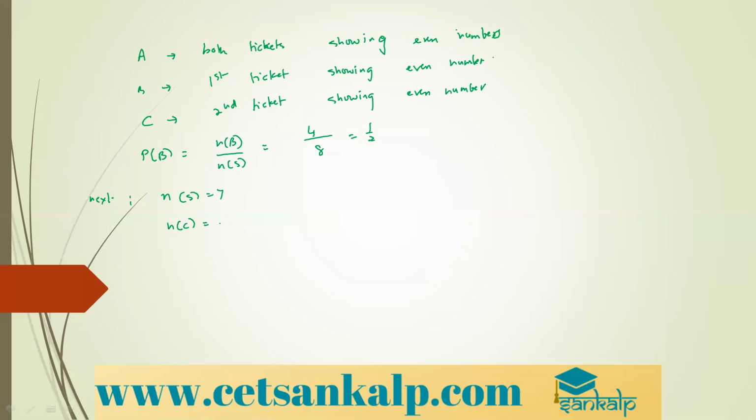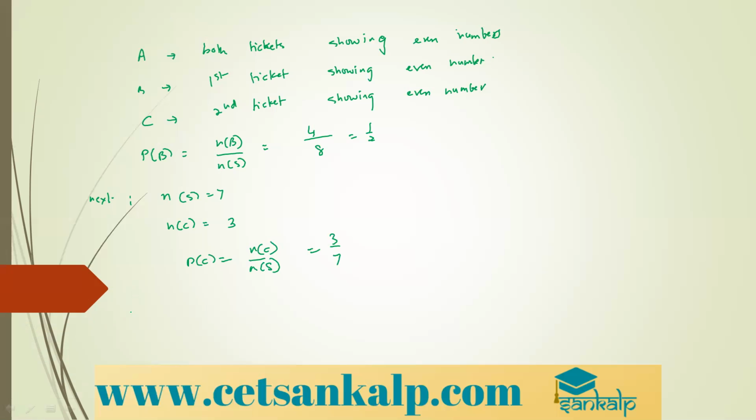So, N of C, only 3 even numbers. Probability of C will be N of C by N of S. That is 3 by 8, sorry, not 3 by 8, 3 by 7. Because now total only 7 numbers are there, 3 by 7.